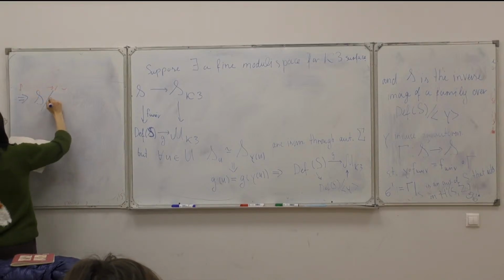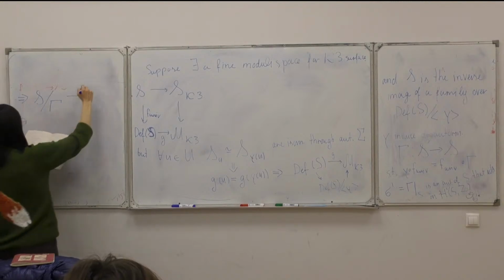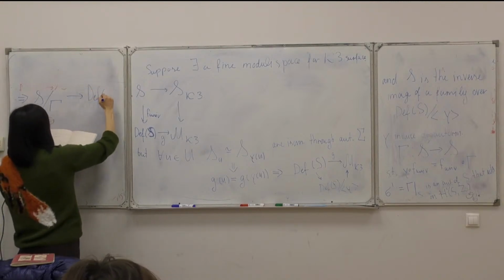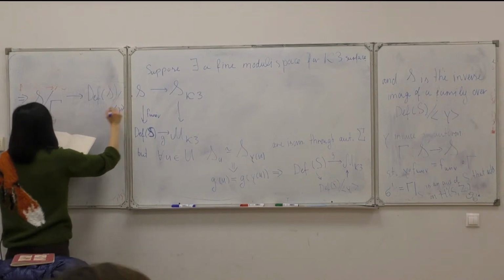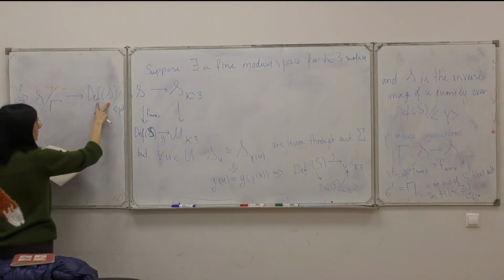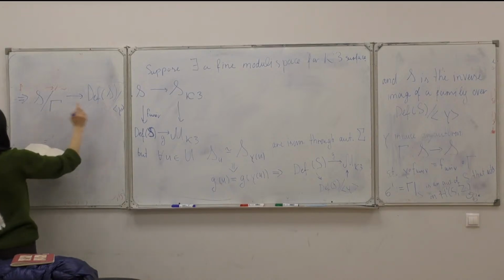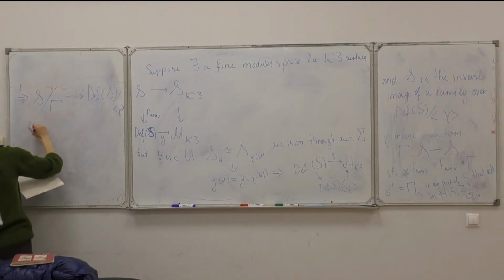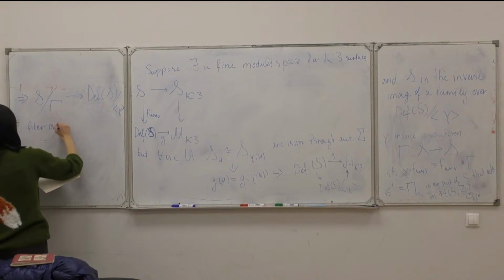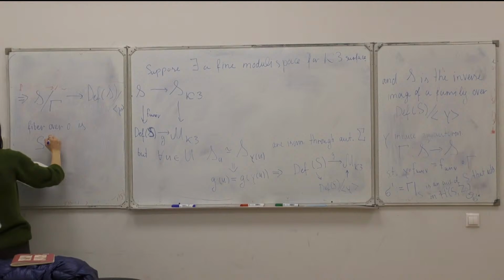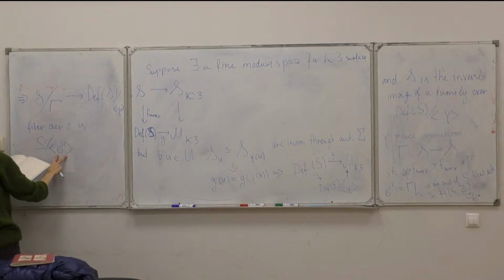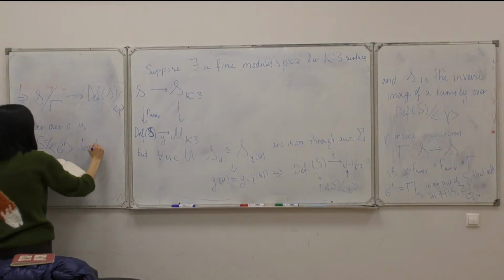And so from this we obtain that the corresponding family over this factorization, the fiber over 0, is S factorized by the action of sigma prime, but it is not a K3 surface.